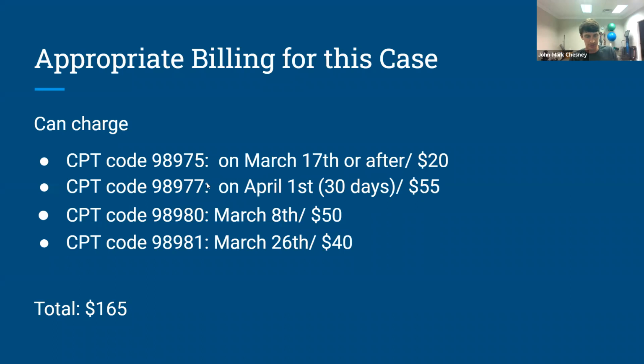So let's say the patient has a 3-month plan of care, and you bill that on April 15th, you have to wait another 30 days until you can bill that 98977 for the rental. So it's helpful to keep track of your days, because when you bill that first one, you're going to have to wait another 30 days till you can bill the rental code again.